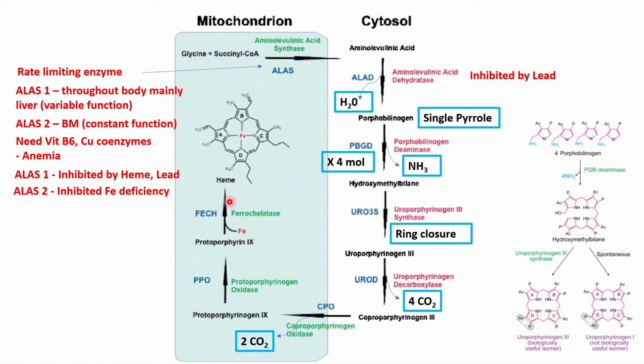The enzyme which is required for this addition of iron is ferrochelatase, and this also is inhibited by lead. So you can see lead has important inhibitions in the enzymes of heme synthesis. So this was about heme synthesis, how it takes place partly in the mitochondria and partly in the cytoplasm.